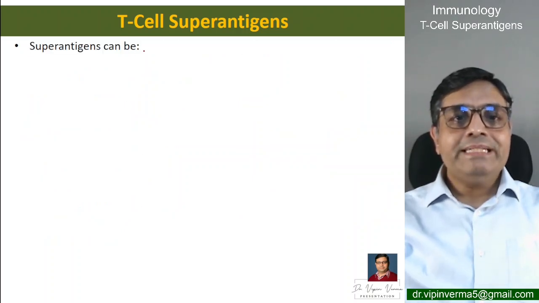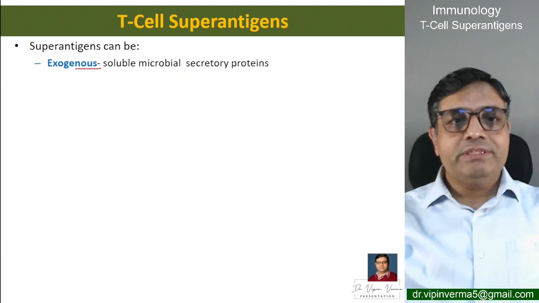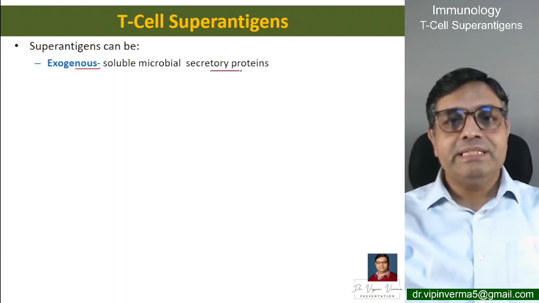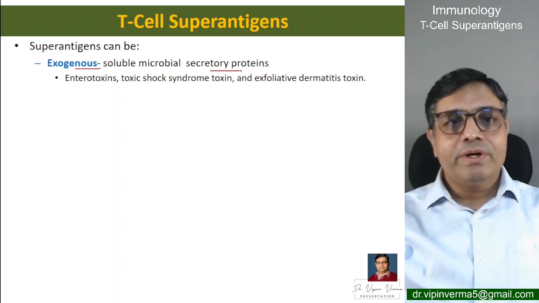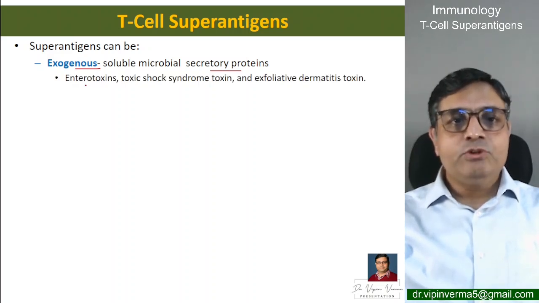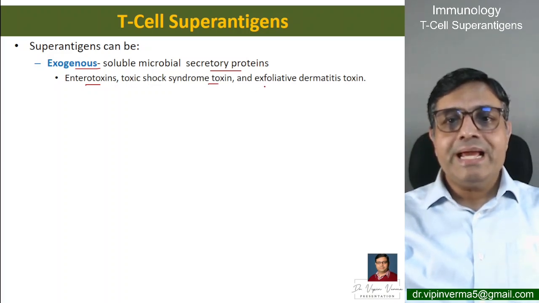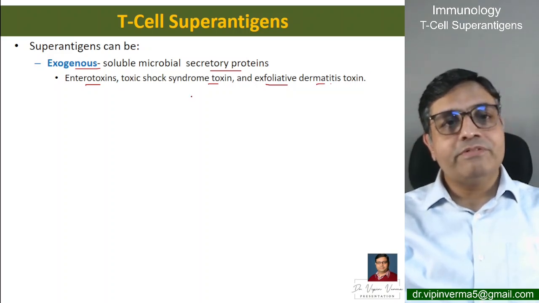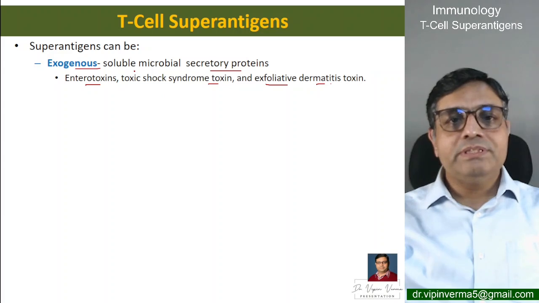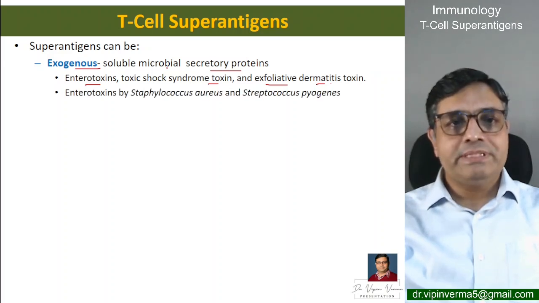Now, superantigens can be exogenous superantigens, which are soluble microbial secretory proteins. Okay, they can be enterotoxins, toxic shock syndrome toxins, and exfoliative dermatitis toxins. So these are some examples of the exogenous soluble microbial secretory proteins.